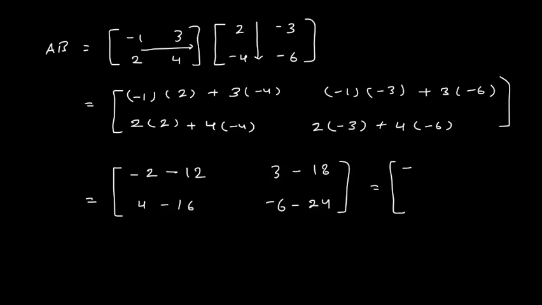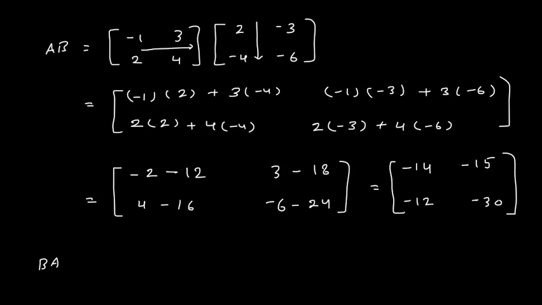So we get minus 14, minus 15, minus 12, and minus 30. So this is the value of AB. Okay. Similarly BA.